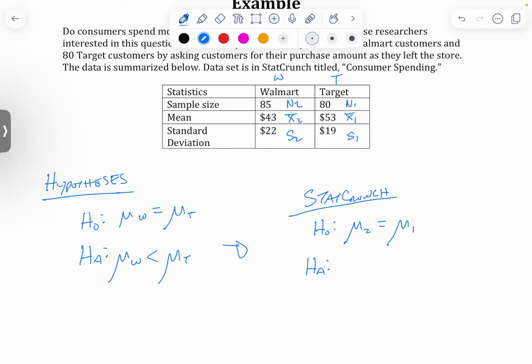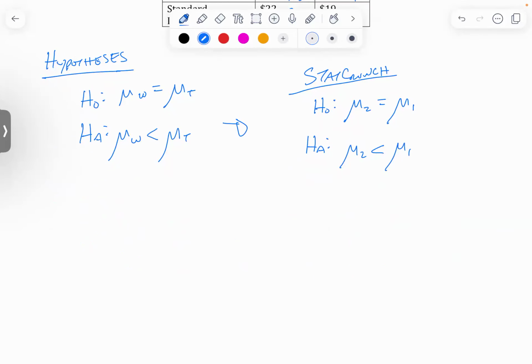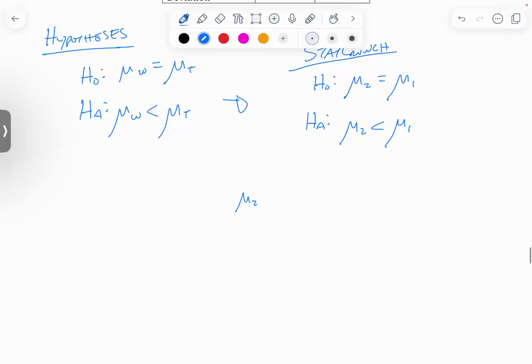Wherever I had a T, that becomes a 1. Then, in order to adjust it, I have mu2 less than mu1. I need it to say 1 minus 2 because that's what StatCrunch always does. So I need to bring the mu2 to the other side. On the left side, I'm left with 0. Mu2 minus mu2 is 0. Less than mu1 minus mu2.